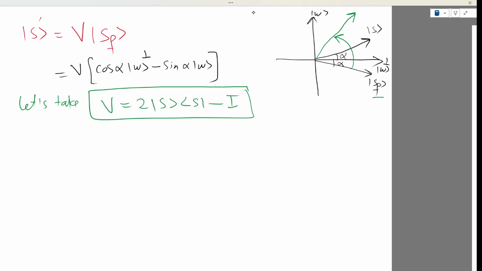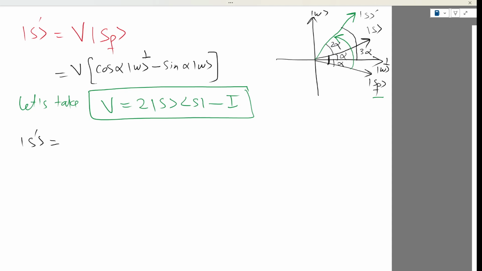So S prime after this V operator, since this is a reflection operator around the S axis, and let's call it some S prime, and you can see since this is angle 2 alpha, SF is making angle 2 alpha with S, so after reflection it should be making angle 2 alpha over here, and the total angle with this axis would be 3 alpha.